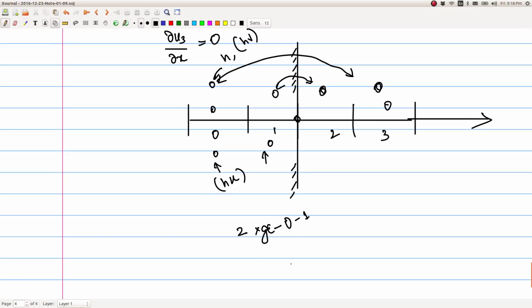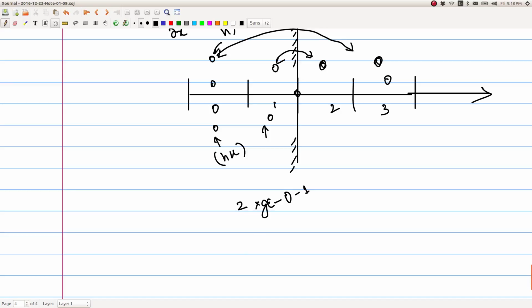Then this cell should be equal to this cell. So again, 2 times number of ghost cells minus 1. That will give me 2 times number of ghost cells, which will be 4 in this case, minus 1 will give me 3, and minus 1 will give me 2.